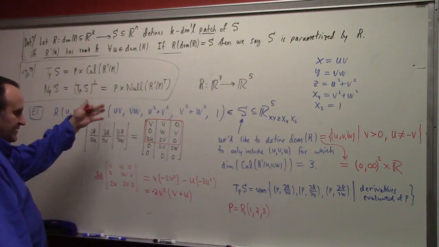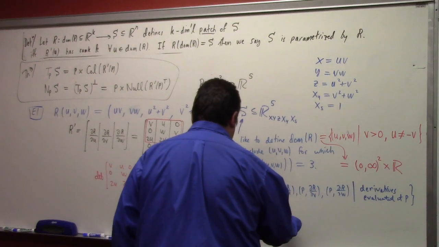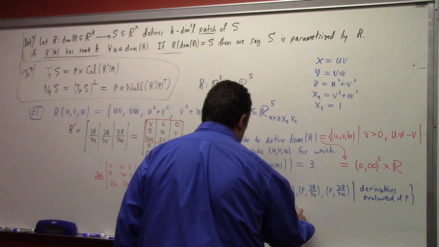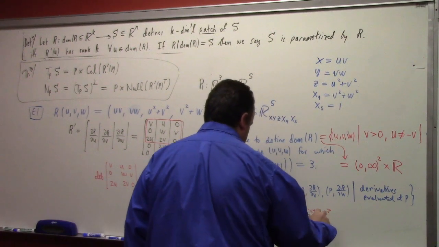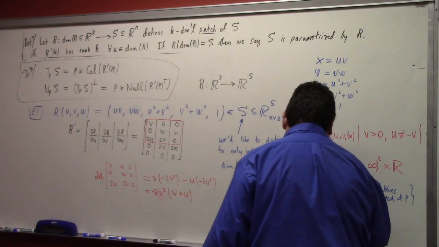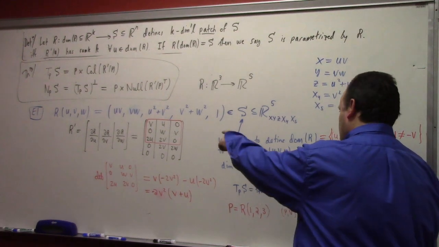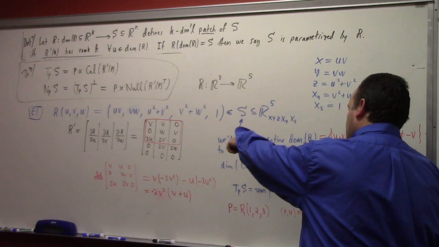And if I plug 1, 2, 3 into here, I get that (P, V) is in TPS. What does that give me? 1, 2, 3.